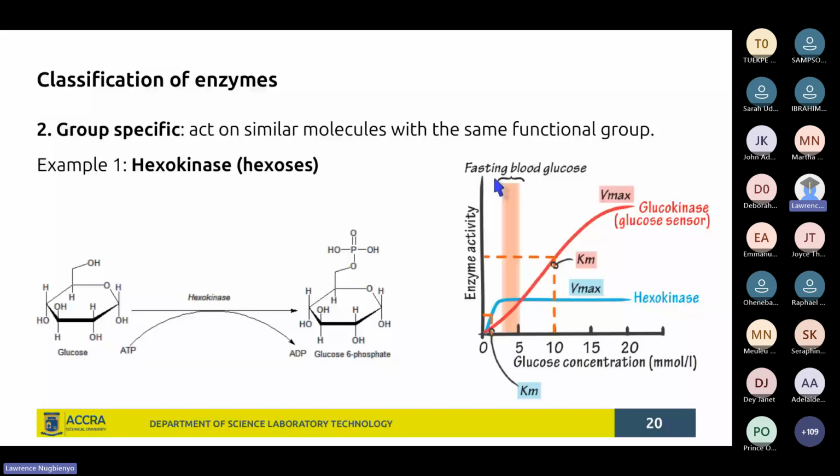Now, in normal circumstances, hexokinase is at lower concentration in the system. It is constantly acting on 6 carbon sugars, on hexoses, but specifically after taking in food, you have the level of glucokinase increasing to act specifically on glucose.